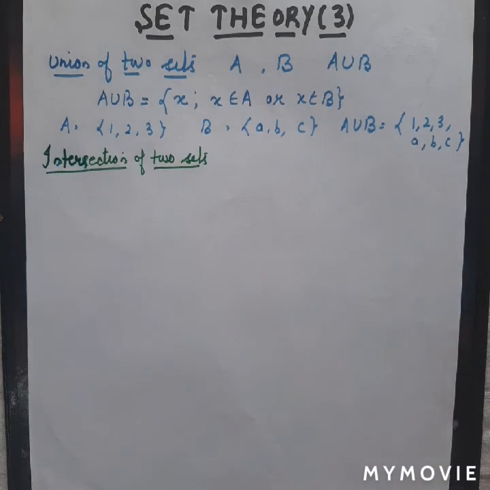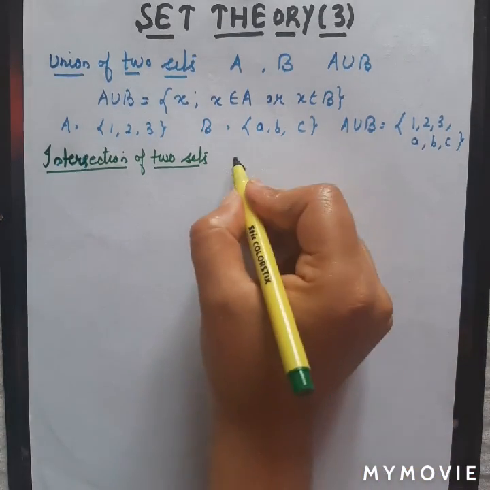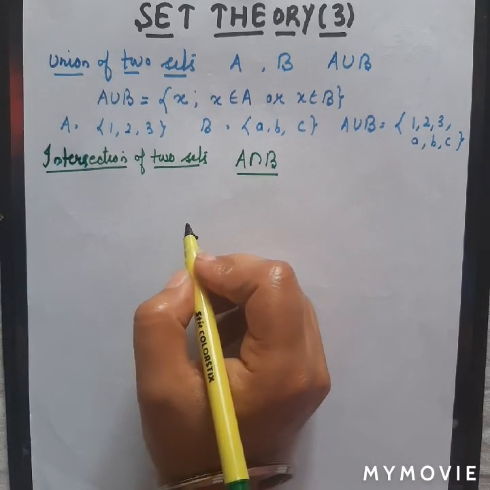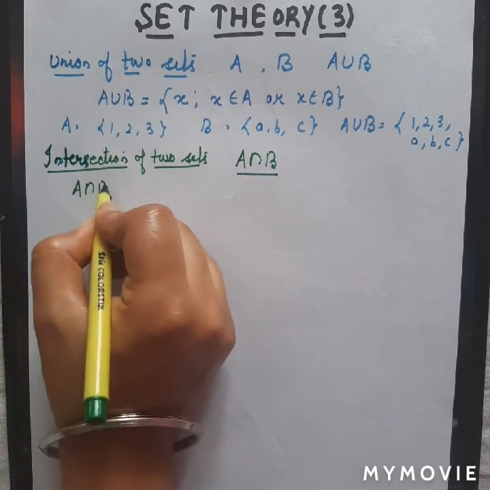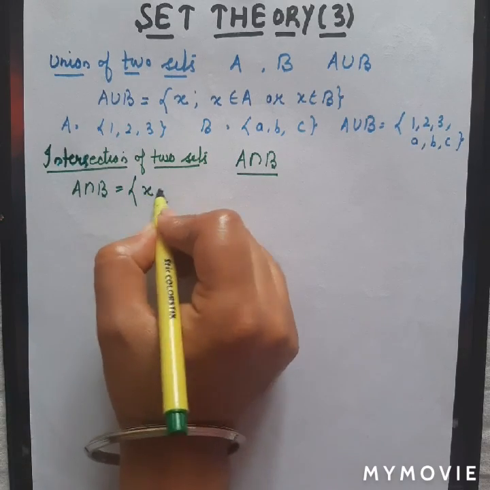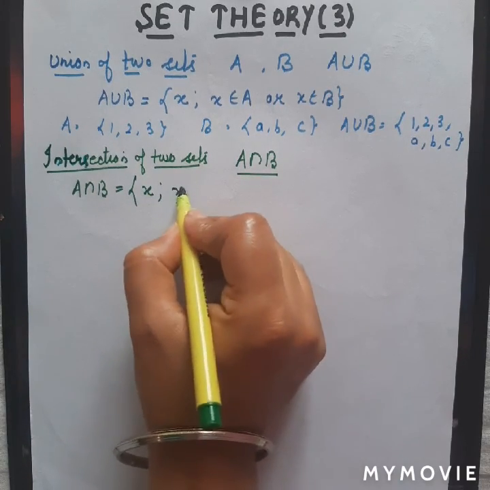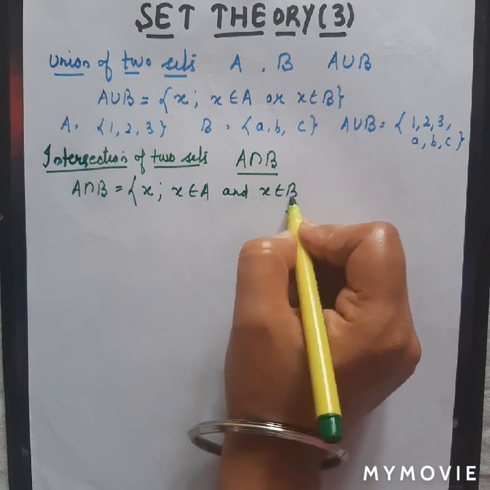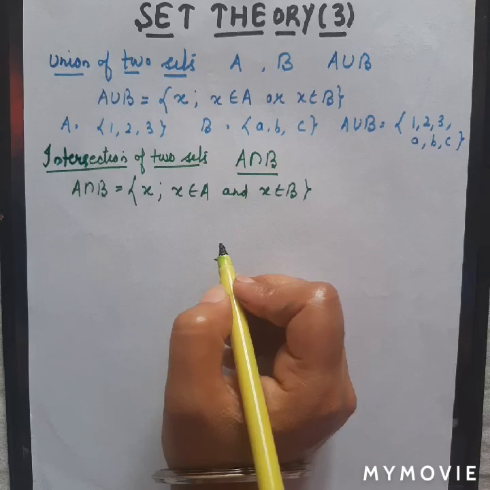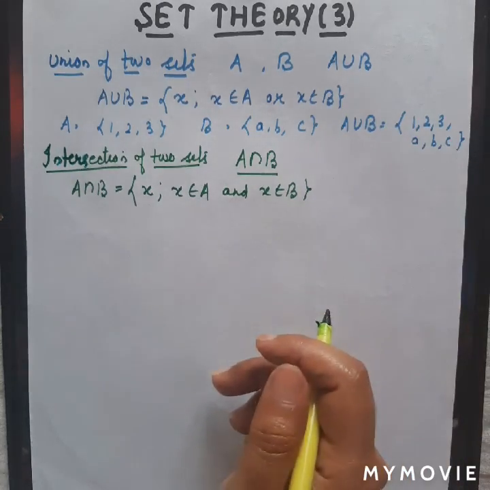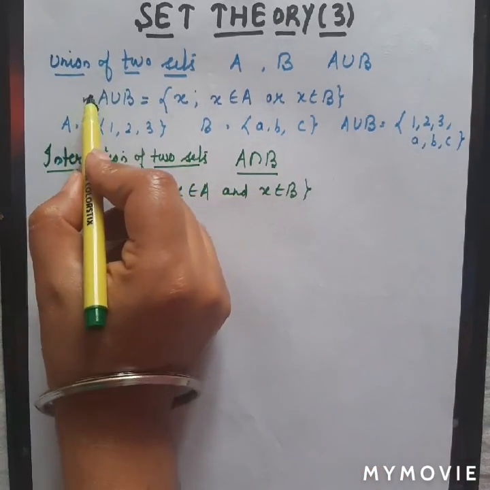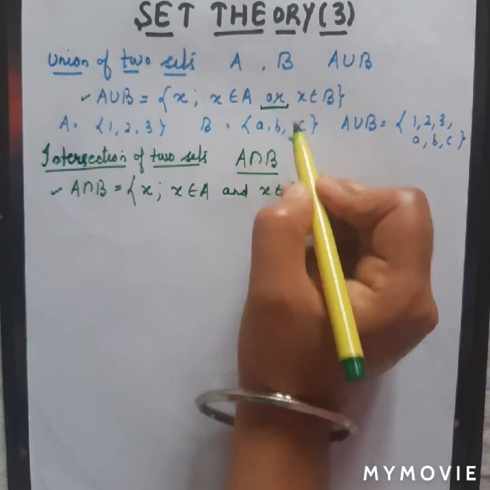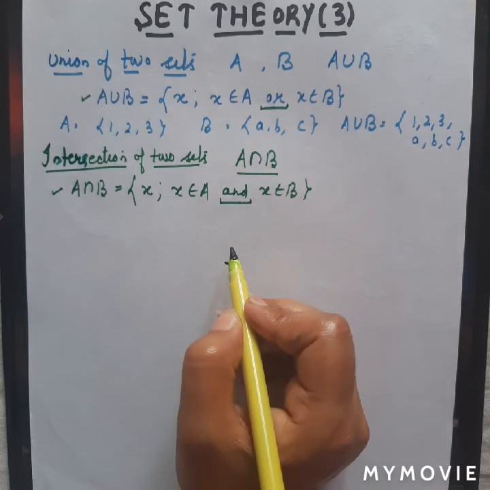Let A and B are two sets, then the intersection of two sets will be denoted by A intersection B, and it will be defined as the collection of all the elements X such that X belongs to A and X belongs to B. If you have seen these two definitions properly, the only difference between A union B and A intersection B is we have written here or and here and.